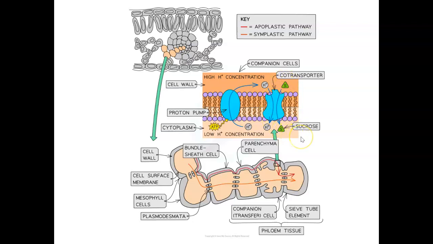Sucrose is moving against its concentration gradient, and we didn't spend any additional energy. We're using this chemiosmosis part right here to load the sucrose in. So sucrose has now been loaded. And remember, it can be in the companion cell, like shown here, but there's also pumps here in the sieve tube element. So either way, it would be considered loaded.